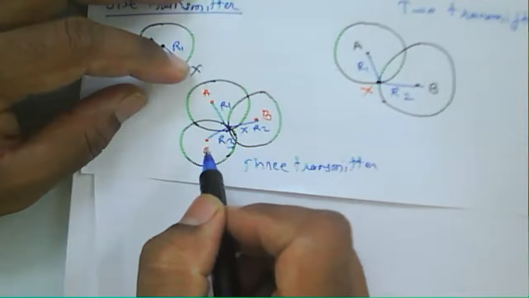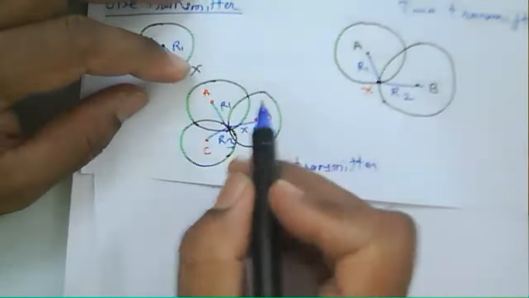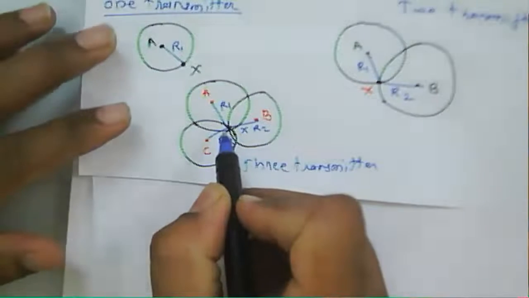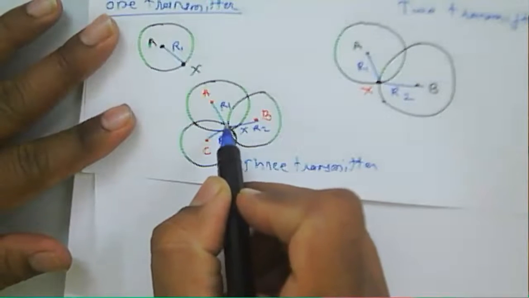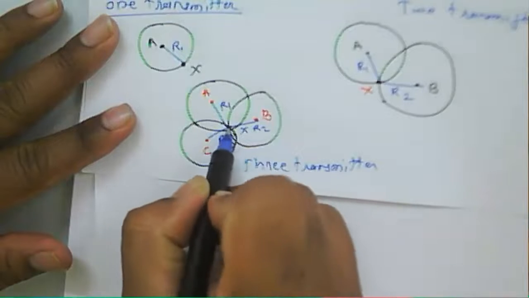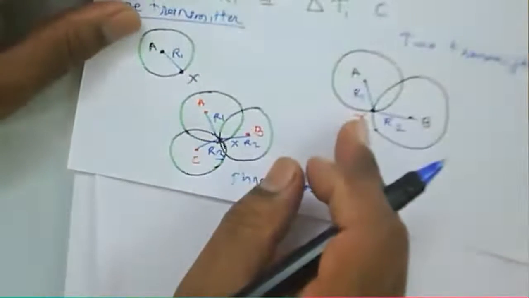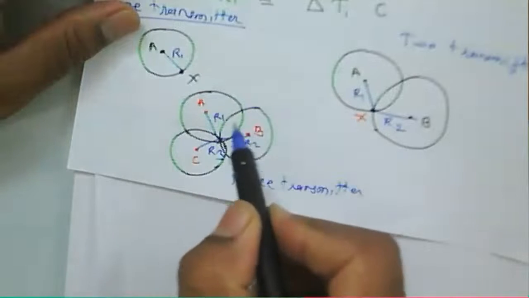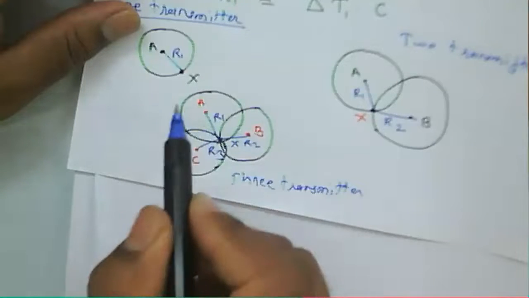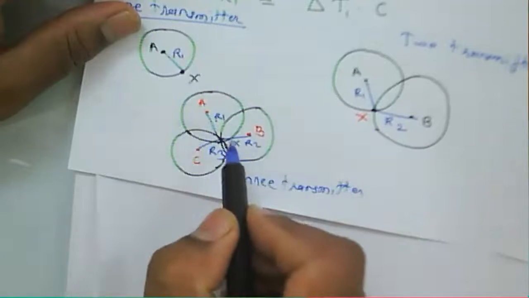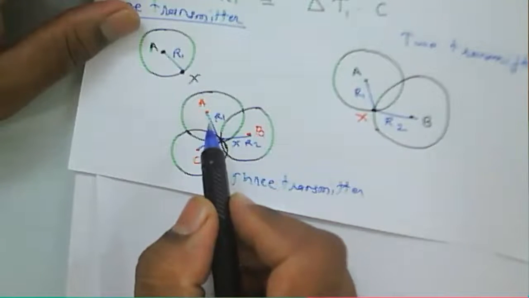The point of intersection of these gives us the location. So R1, R2, R3 are the three different ranges.